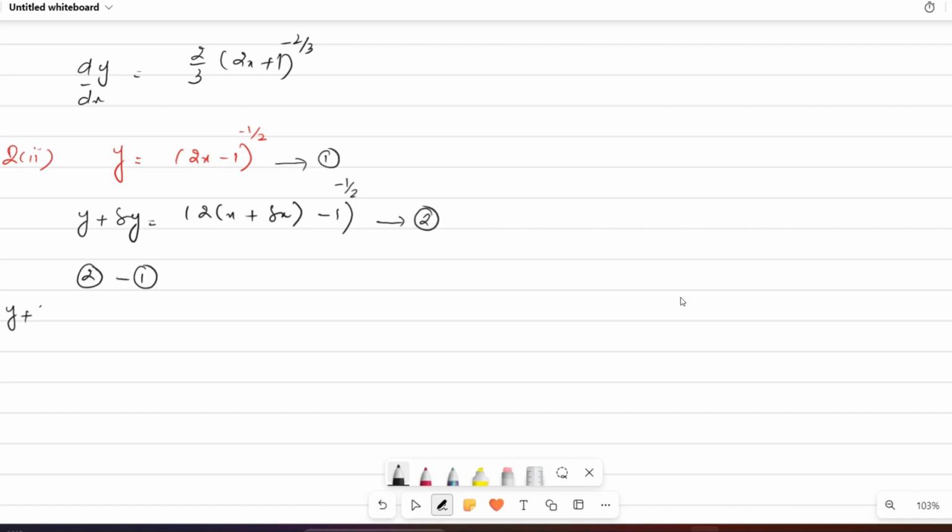So y plus delta y minus y, it would be 2x. If I am going to open it, it would be (2x plus delta x minus 1) whole raised to the power minus 1 upon 2 minus (2x minus 1) whole raised to the power minus 1 upon 2. These both are cancelled.